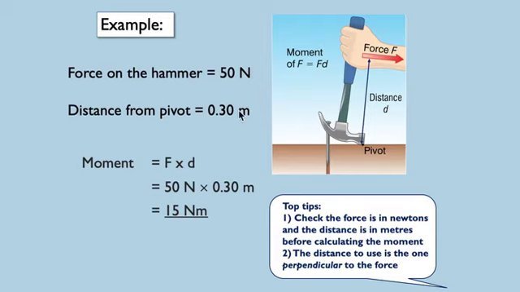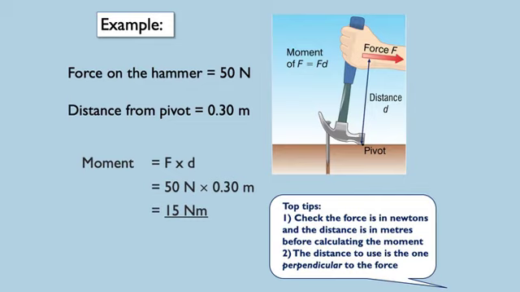So if my distance wasn't 0.3 meters but 30 centimeters, then I would have 50 times 30, and so I would have 1,500 Newton centimeters, and that would be fine as an answer.